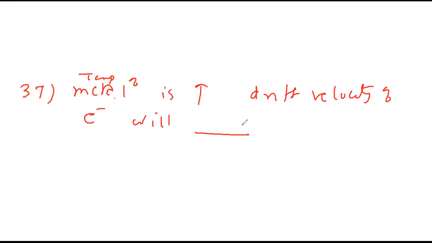No change means remains same. What is formula for drift velocity? I upon NAE.